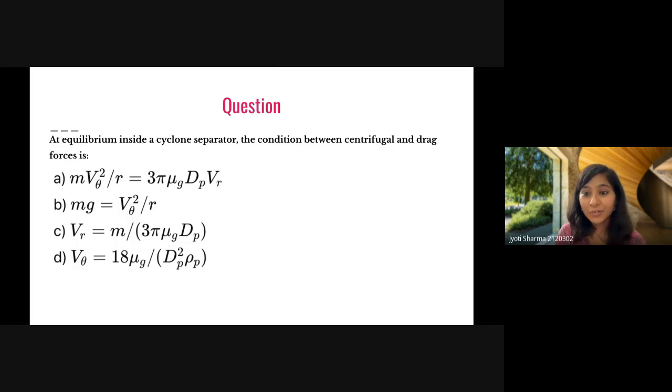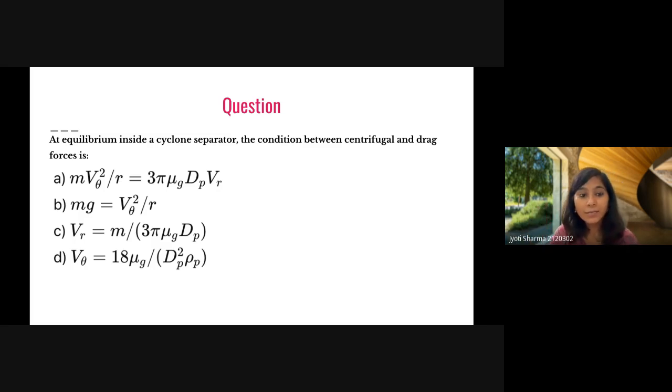I think I already discussed this right now. At equilibrium inside a cyclone separator, the condition between centrifugal and drag forces, options A, B, C, D. As I already discussed the formula of centrifugal force, this was mv square upon r. And we already talked about the drag force. It was A K CD, where A was area, K was kinetic energy per volume, and CD was the drag coefficient.